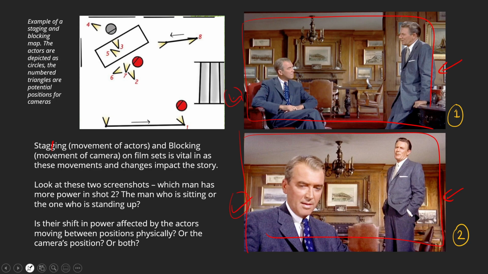For example, you look at number one and number two. Between number one and number two, which shot gives this standing man more power? Is it shot number one or shot number two? Guys? Wait, I'm thinking. Number one. Okay. Why do you say number one?